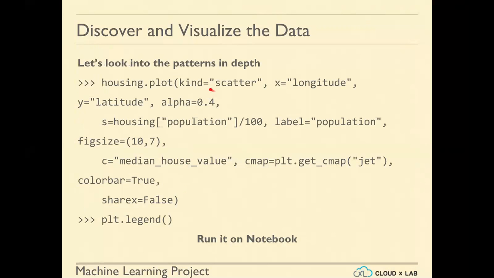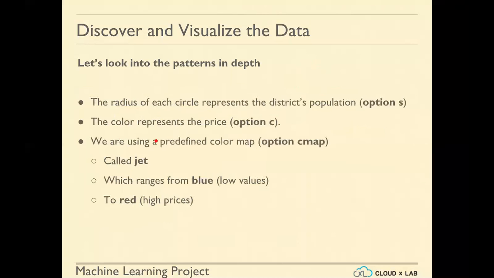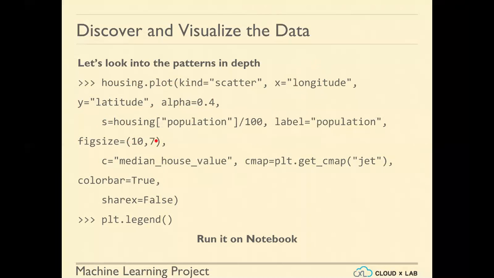Now the next couple of tweaks. Apart from telling it that this plot is of scatter type, as in we just put dots on the plot, and on the x-axis pick the column called longitude, and on the y-axis pick the column called latitude, and alpha is 0.4, we are also specifying something more. S is the size of each dot, and we are saying that population should be considered for the size of the dot.